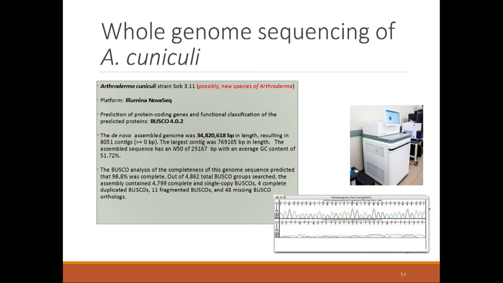So Arthroderma cuniculi is just our preliminary identification. And in the nearest future, we are planning to analyze this genome in detail and to clarify the taxonomic attribution of the species in collaboration with our Czech colleague, Vít Hubka.